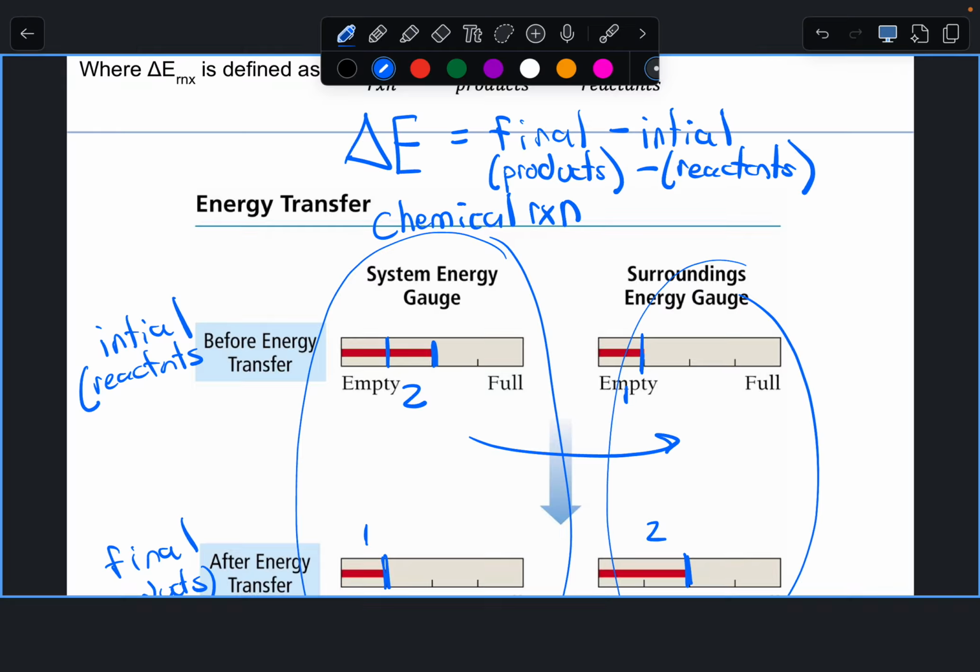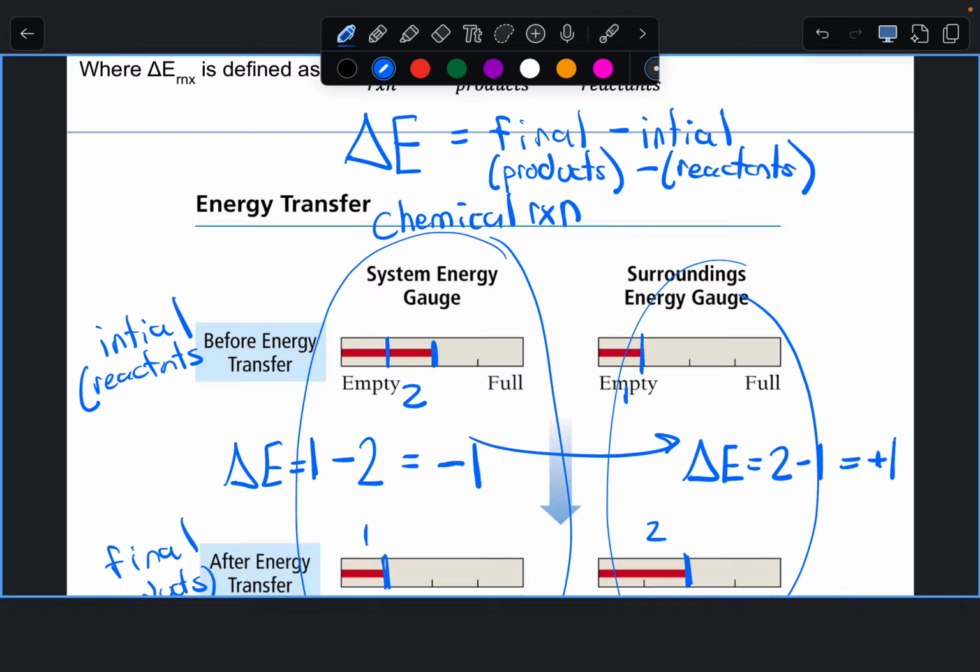Okay, so for the system, for the chemical reaction, for the butane and whatever in this example, we're going to do final, which was 1, minus initial, which was 2, and we get a value for the change in energy of -1. Okay? When we do it for the surroundings, change in energy, final is 2, initial is 1, so it's a +1.